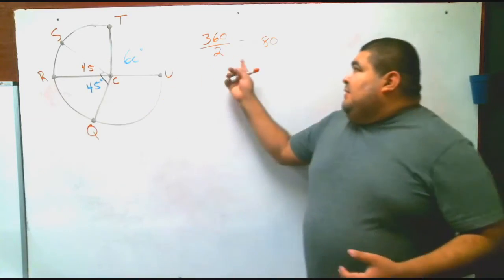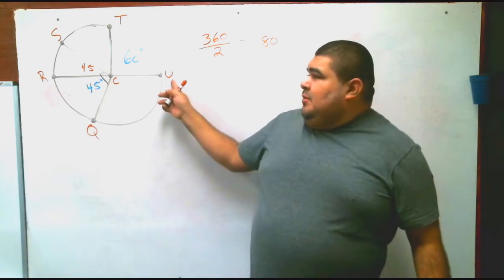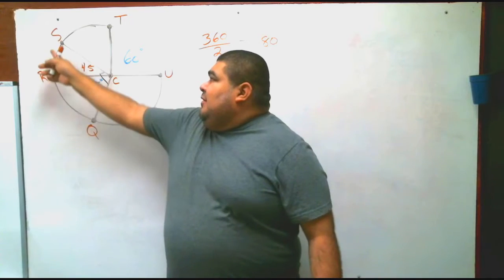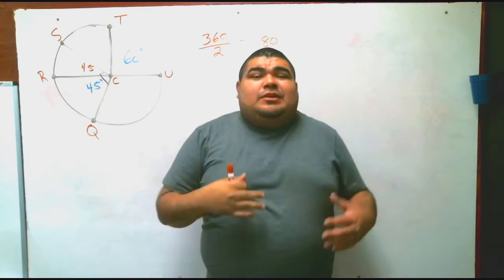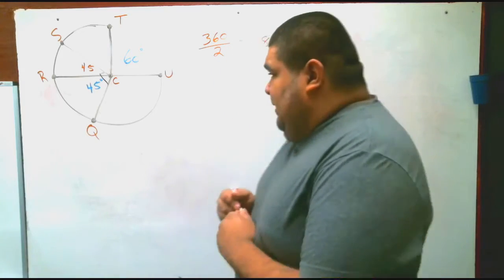Now that we know that this top part, R, U, cut the circle in half, we know that R, S, T, and U is what is known as a semicircle, okay?